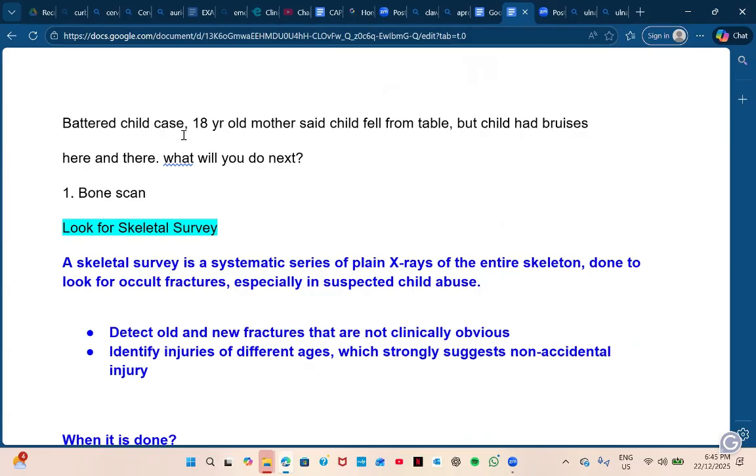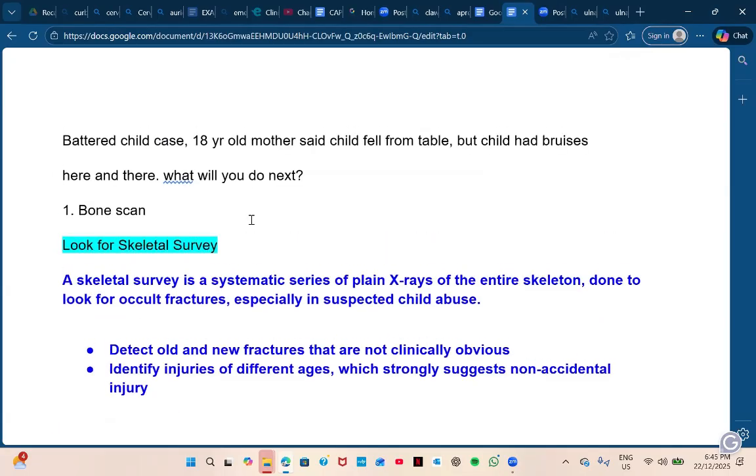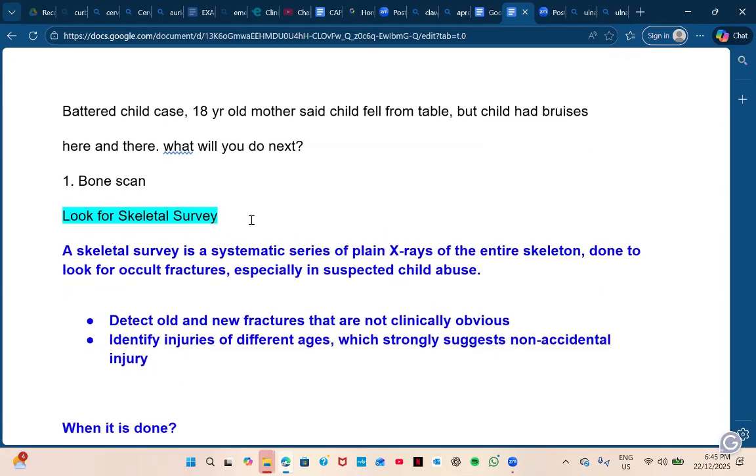a battered child case. An 18-year-old mother said the child fell from a table, but the child had bruises here and there. What will you do? There's a good article in the RCH guideline about child abuse.